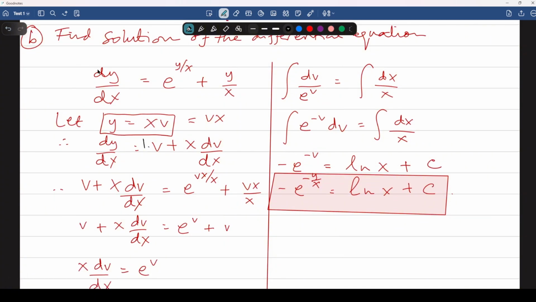We have the original differential equation dy/dx equals e to the power of y over x plus y over x.